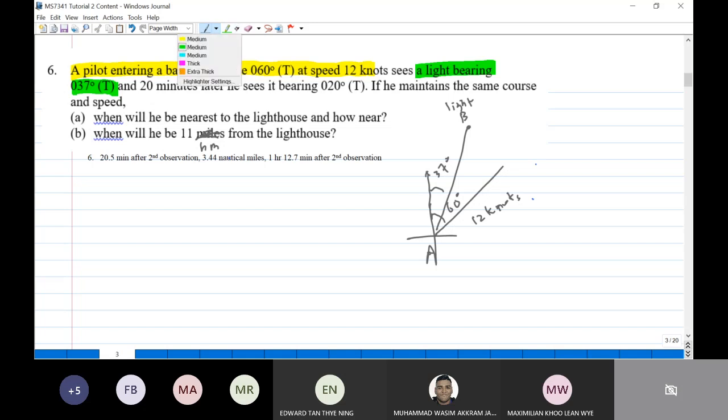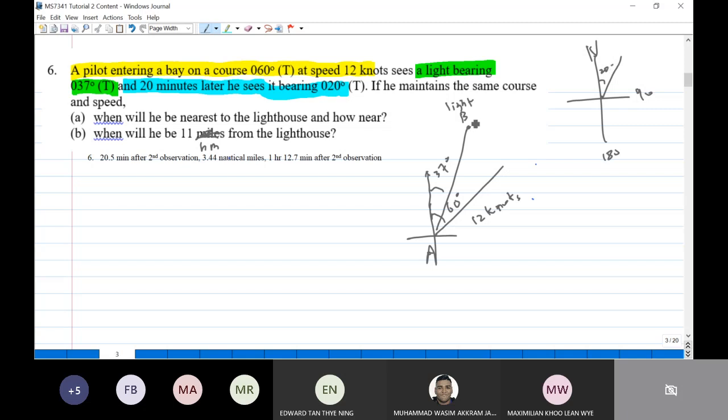So the information: 20 minutes later, you see the light bearing at 20 degrees. So where is 20 degrees? North, and 20 is actually somewhere here, near 90.